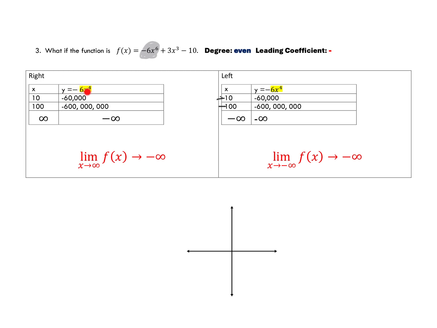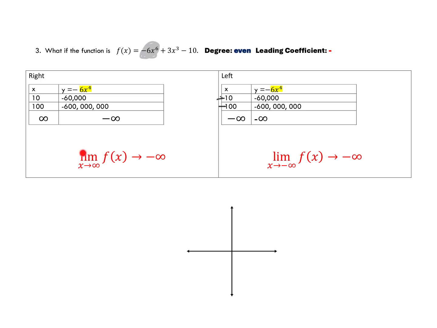So even though the exponent is even, I still have the negative. So the numbers get smaller. When I plug in a big number, I get a very big negative number. And the same thing when I plug in negative 10 and negative 100. As I approach negative infinity, y values become very small, approaching negative infinity.